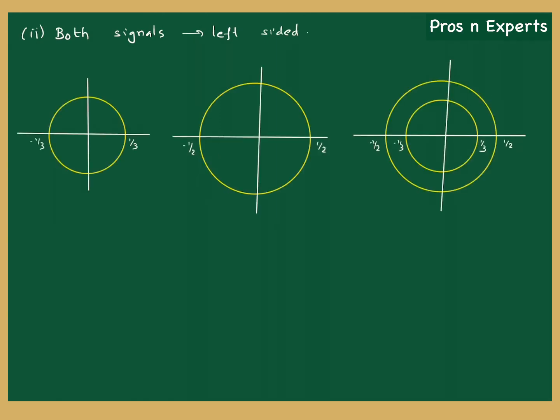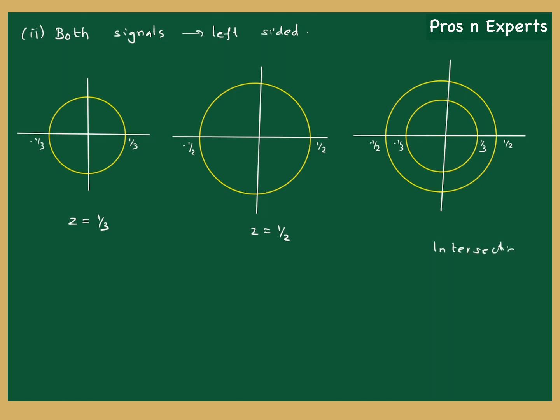Now I can have a second possibility: both signals corresponding to both poles are left-sided. So this plot is for the pole z equal to 1 by 3. This is for the pole z equal to 1 by 2, and this is for the intersection.